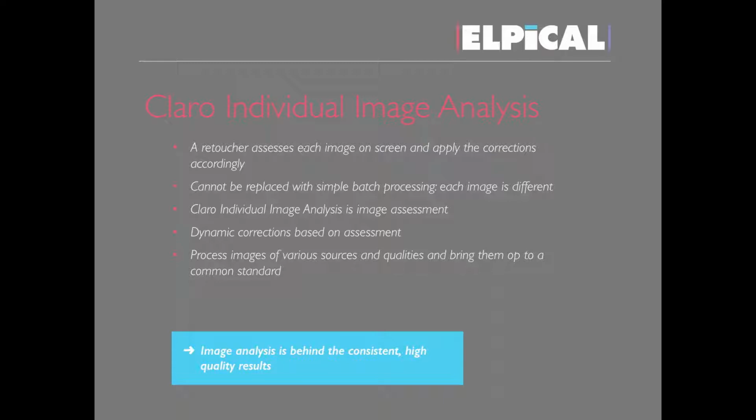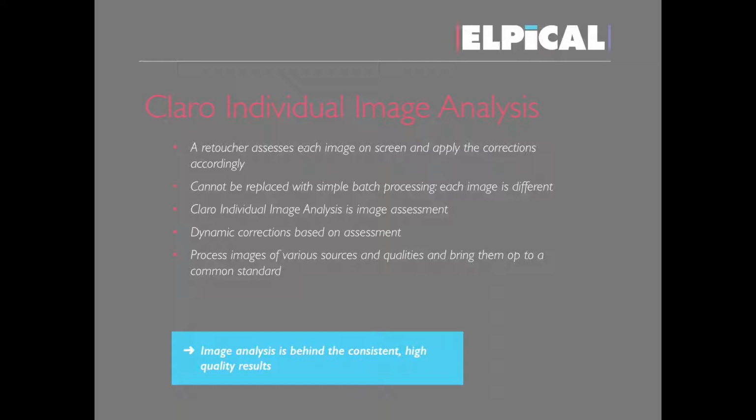The big difference is that all those corrections that you make in batch processing are linear corrections. So they don't take into account the base quality of the image, the base characteristics of the image. That's where the individual image analysis from Claro kicks in.